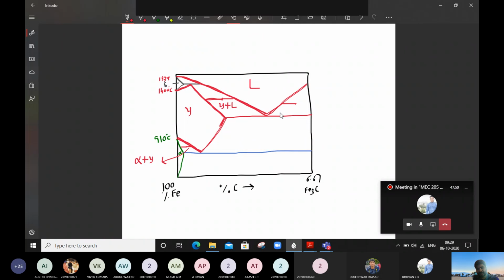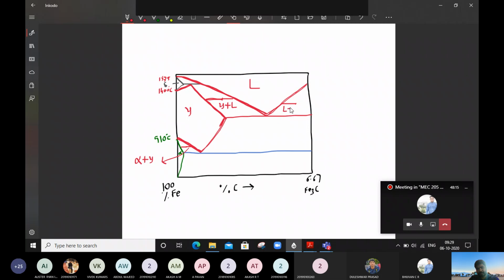Whose boundary is this? This is nothing but the liquidus boundary. All these are the liquidus.